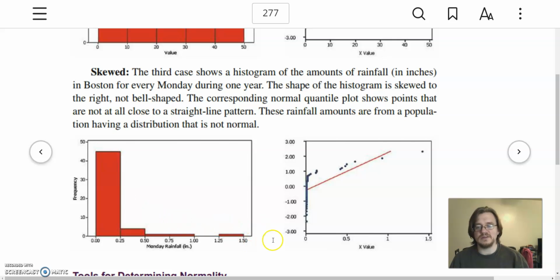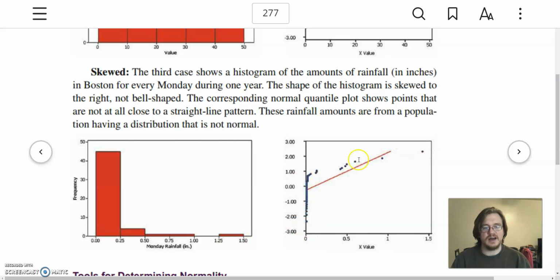However, maybe we want to be extra sure, so we plot the normal quantile graph. And the normal quantile graph is not a straight line. In fact, we've got a fairly straight line going up over here, and then another pretty straight line coming across, but they don't make one big straight line. This has a pretty big curve to it. And this is what it'll look like for a skewed distribution like this.